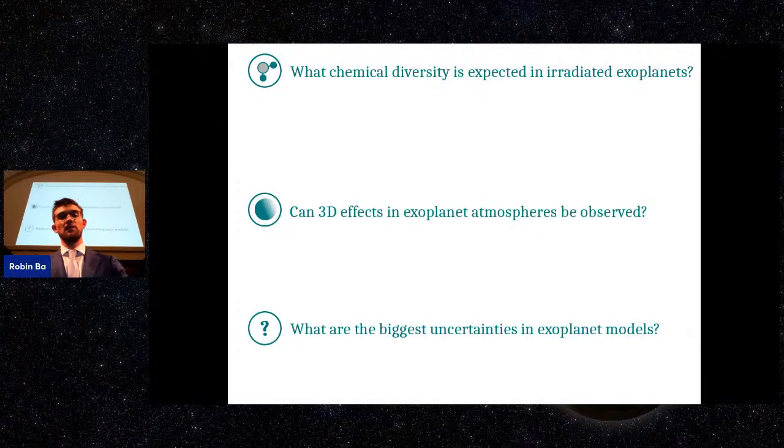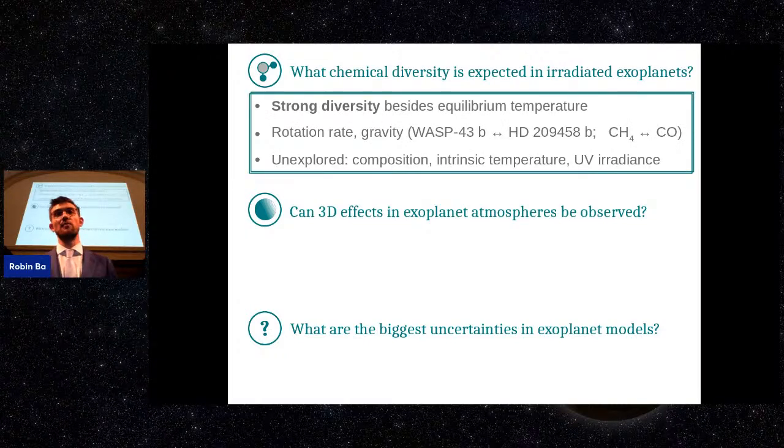All right, so now if you've all listened very well, we can all together answer these questions that I've posed in the beginning of the talk. So what chemical diversity can we expect in irradiated exoplanets? Well, besides the equilibrium temperature, which of course has a huge impact on the chemistry and the climate, we also find a strong diversity within planets of the same equilibrium temperature.